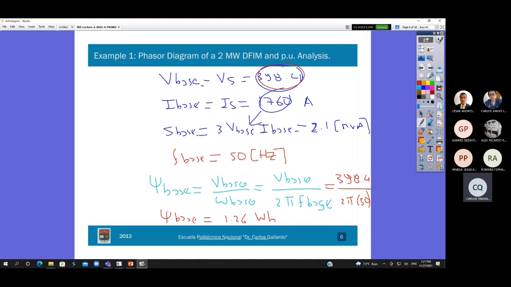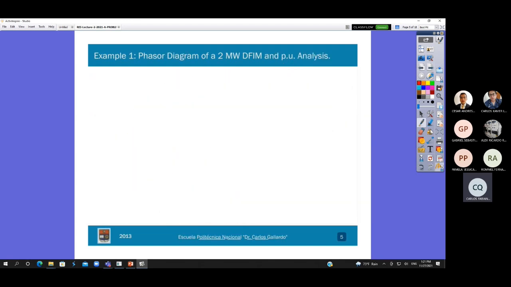Let's continue with the other quantities, for instance, the base torque. The base torque by definition is the base complex power over the base speed over the number of poles.